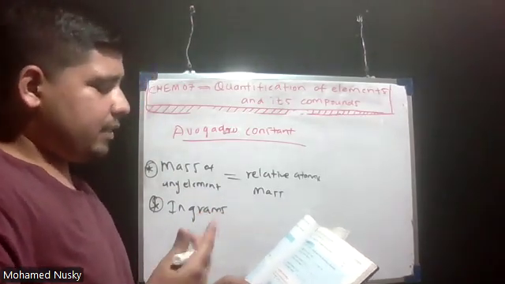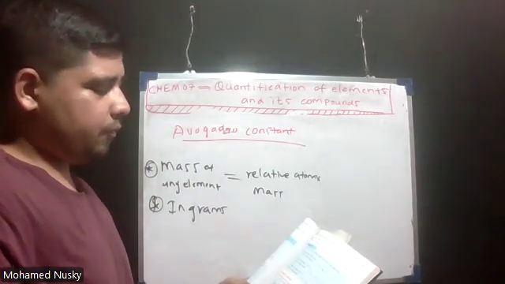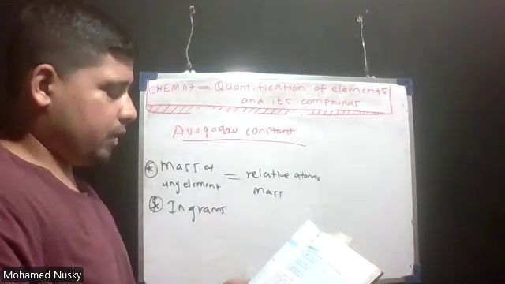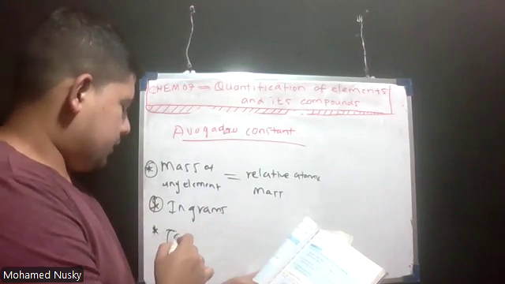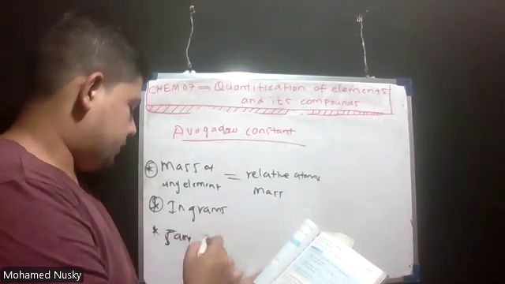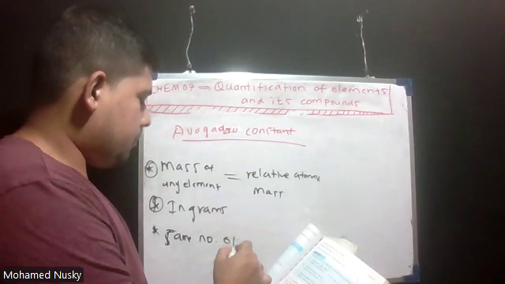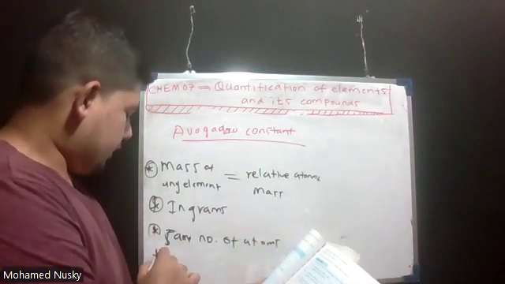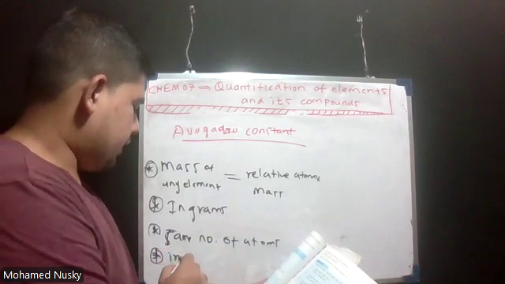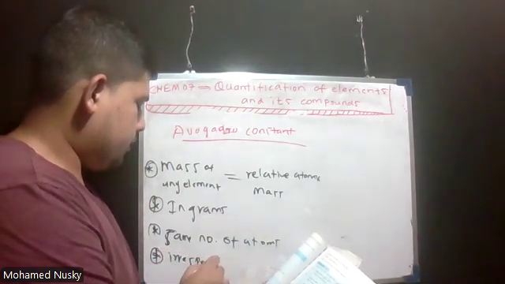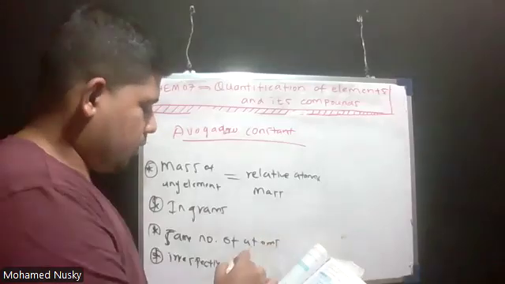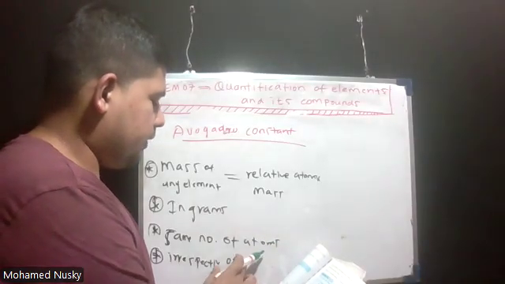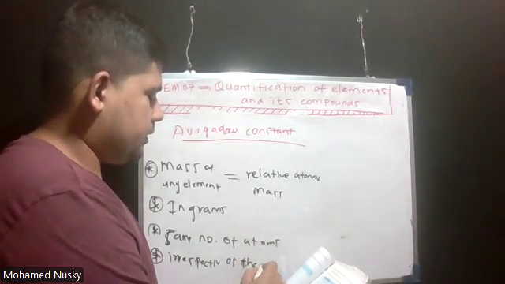It is seen that it contains the same number of atoms irrespective of the element. Same number of atoms. And the next key term is irrespective of the element. It can be for any element.